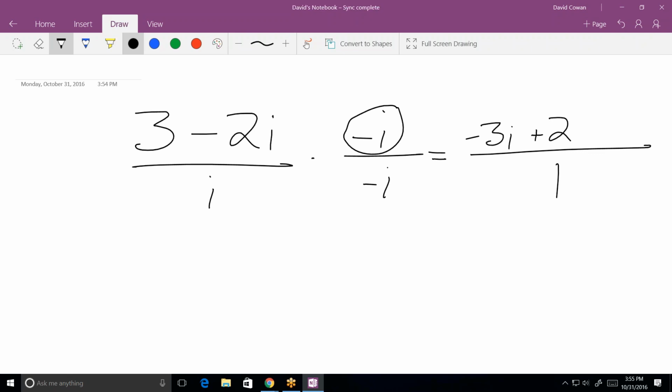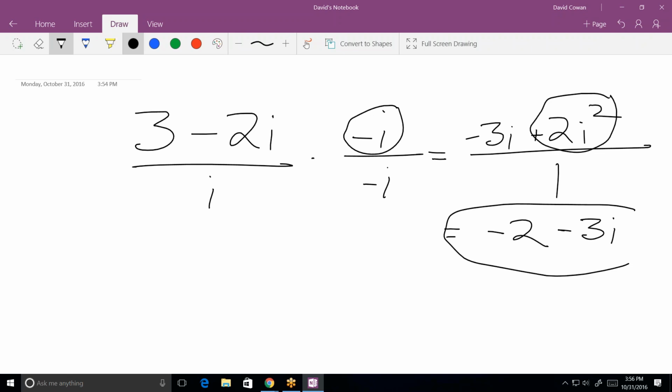Yeah, it's just like any variable that you would run into. Now, let's convert that. So it'd be 3i minus 2, over 1. Let's put the minus 2, the real number, first, and then plus 3i second, and I don't need the 1 in the denominator, and so I actually have my answer in a plus bi format. Perfect.